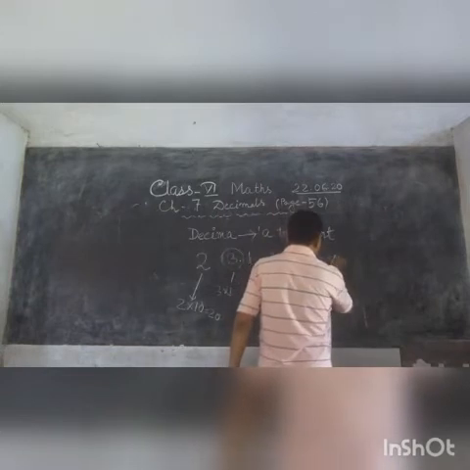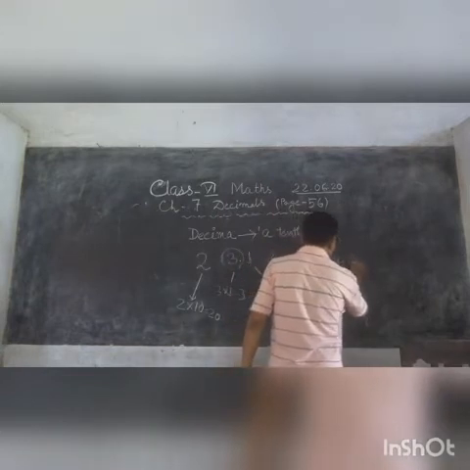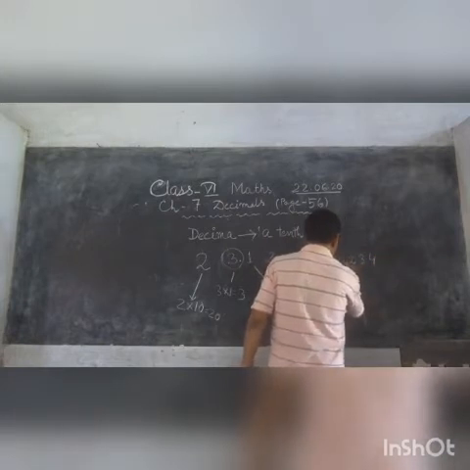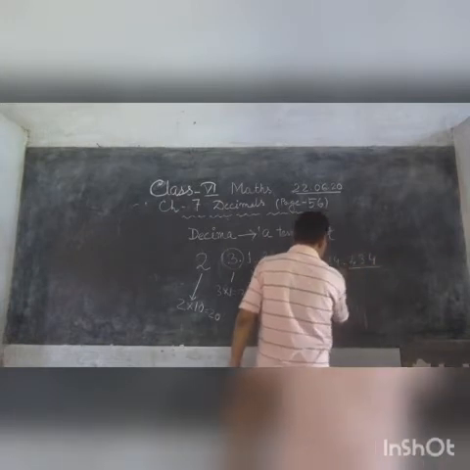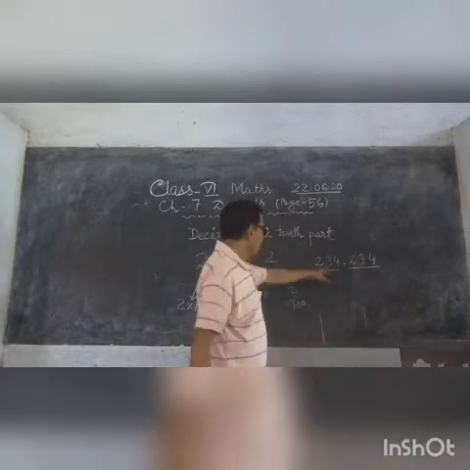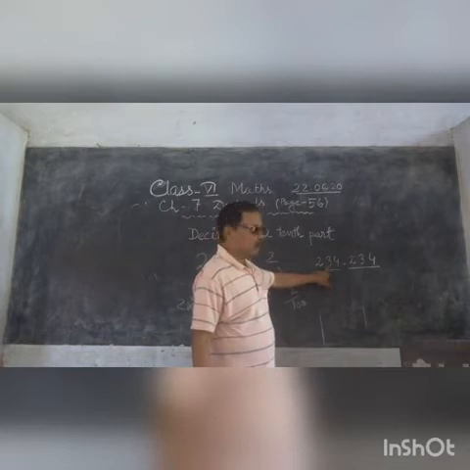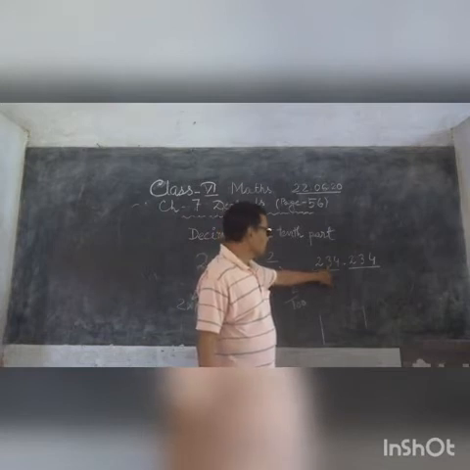Suppose 234.234. This is the whole part and this is the decimal part. Here value of 4 is 4. Value of 3 is 3 into 10, 30. Value will be increased by 10 times.